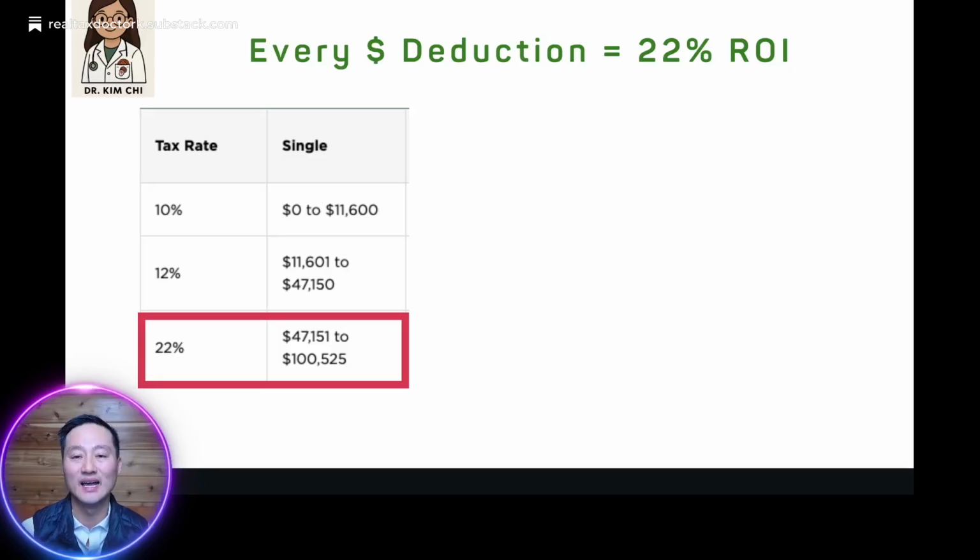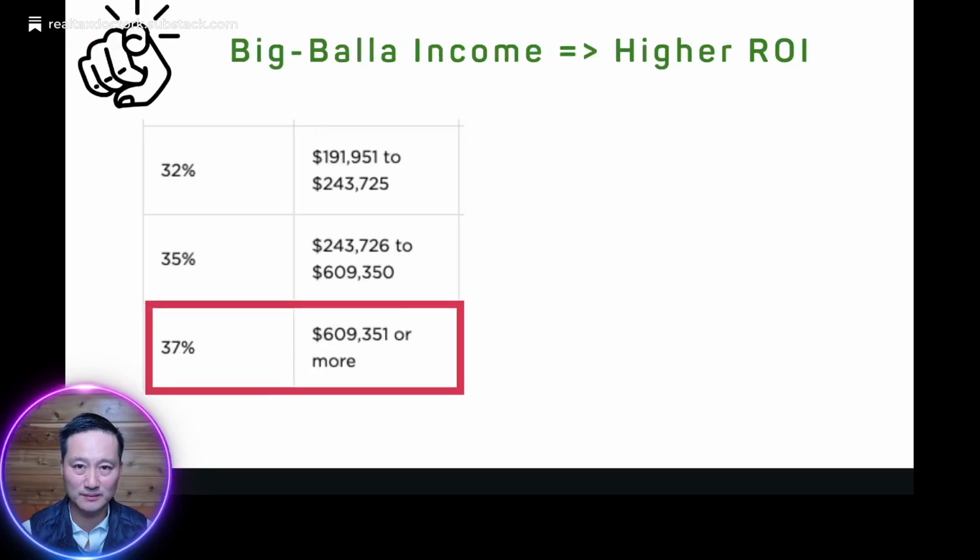On the flip side, if she finds a way through a strategy to reduce her taxable income by $1, she's going to save 22 cents in federal income tax, until her tax bracket drops down to the lower 12% bracket. So any tax planning strategy that lowers her taxable income effectively gives her a 22% return on investment.